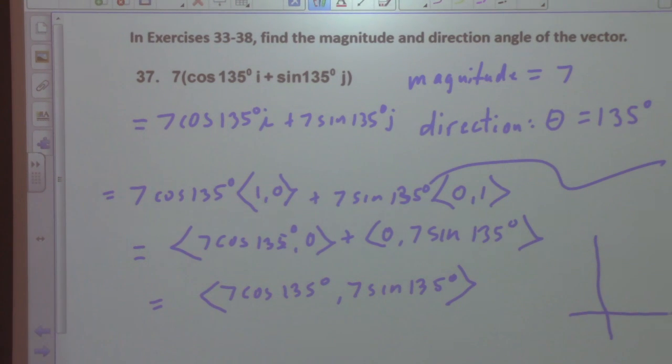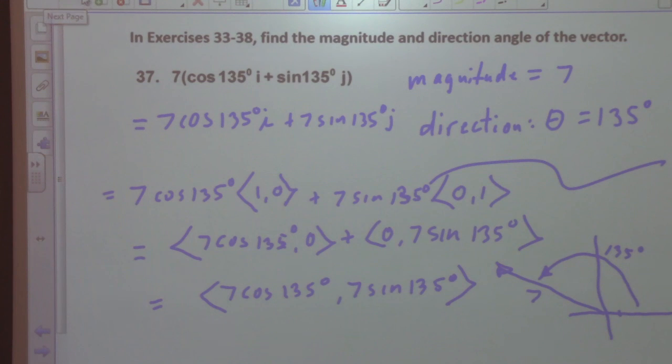That's your vector, and it's like this. Magnitude is 7, so that's 7 here, and this angle here is 135 degrees. So the magnitude is 7, and the direction is 135 degrees. Okay? So that's really all there is to it.